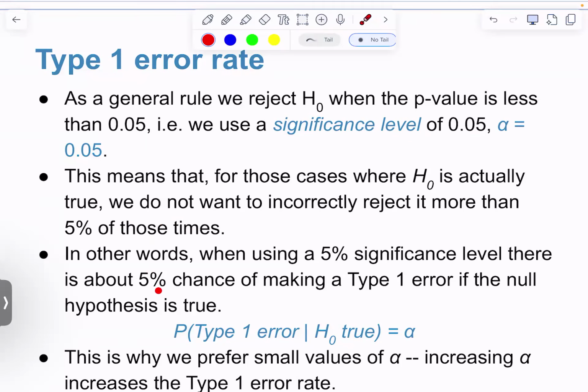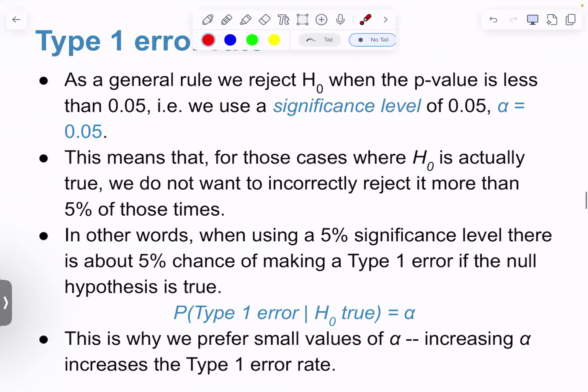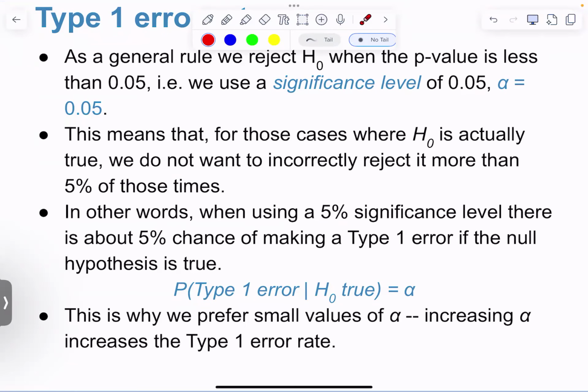And so really what we're saying is when we use a 5% significance level, or we're going to shorthand this, when we use alpha equal to 0.05, really what we're saying is that there's about a 5% chance of making a type 1 error. In fact, I'm declaring before I even start my study, right? You pick a significance level. You would say, I'm okay making a type 1 error, there's a 5% chance.